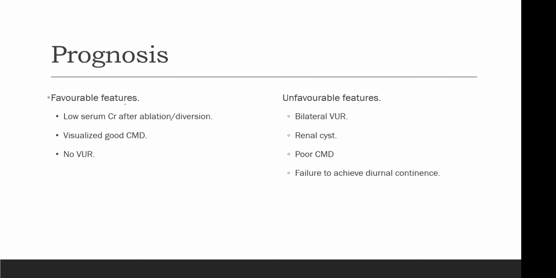Unfavorable features involve bilateral vesicoureteric reflux and renal cysts or poor corticomedullary differentiation, or if they fail to achieve diurnal continence by the time that they are school age.